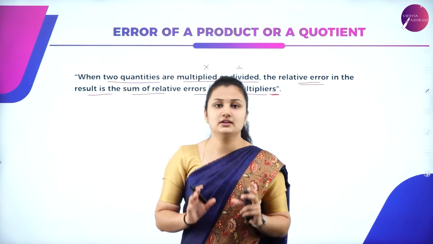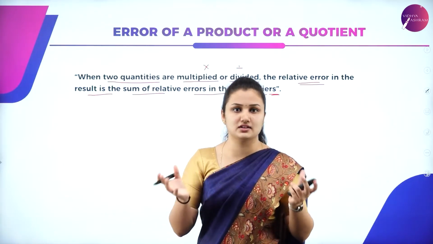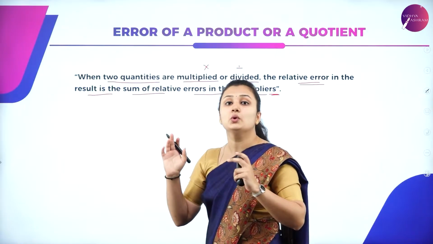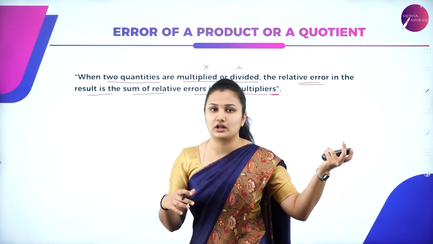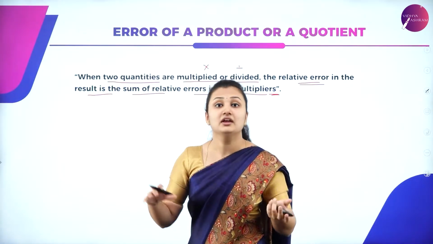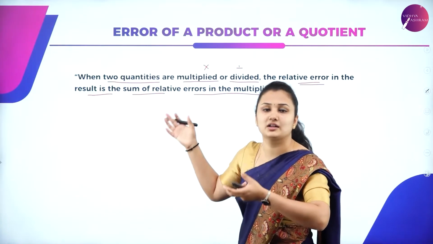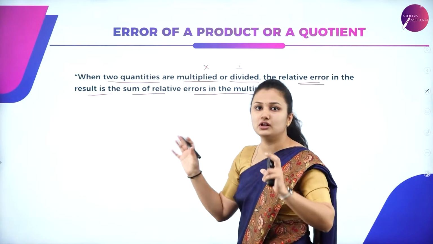Similar to rule 1, where we considered absolute error, in multiplication and division we consider relative error. There we summed absolute errors; similarly, here we sum relative errors, not multiply or divide them. We are adding the relative errors in the two individual quantities.